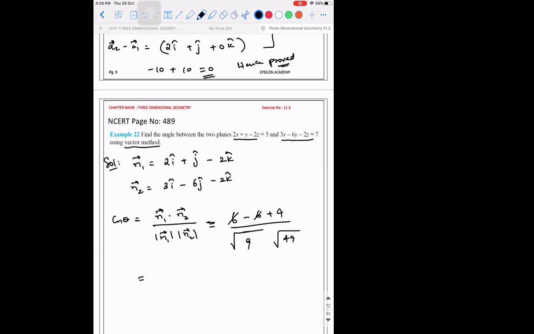So 6 and 6 is gone, 4 divided by 21. So theta will be how much? Cos inverse of 4 divided by 21. Clear?